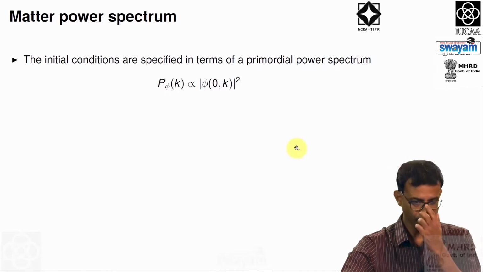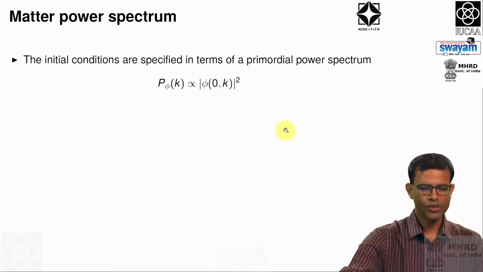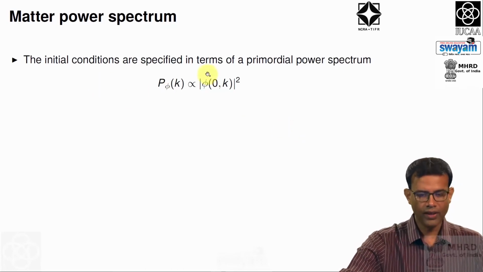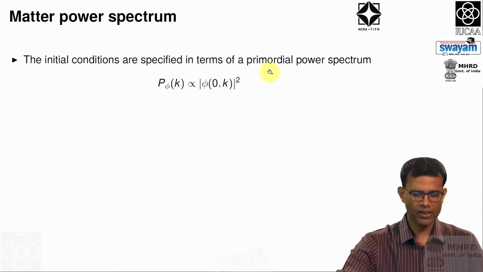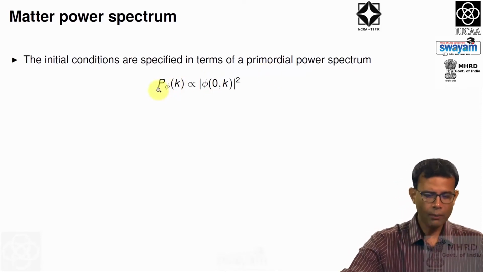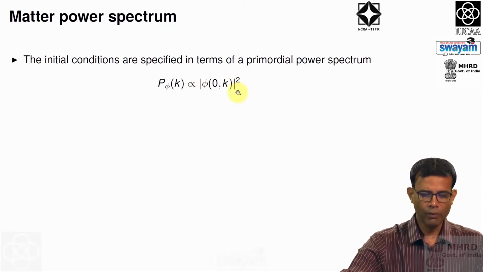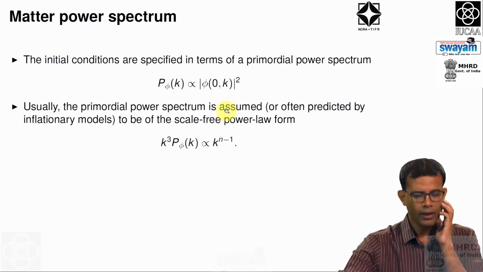In fact, there are many ways of specifying the initial conditions. The most convenient way is to specify in terms of what we call the primordial power spectrum. So, the primordial power spectrum of the potential is nothing but something which is proportional to the mod square of the potential perturbations at the initial time.